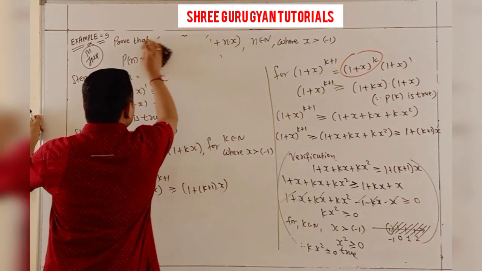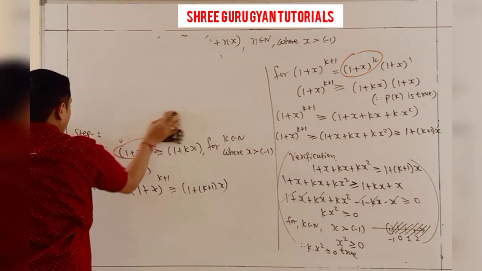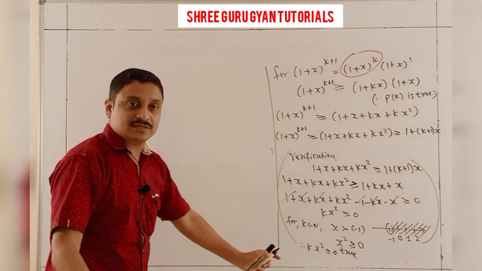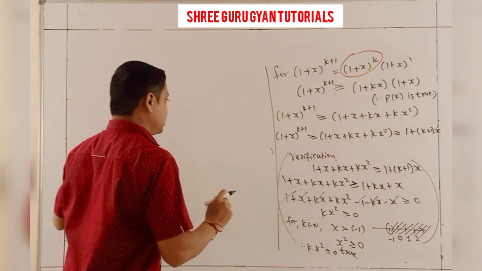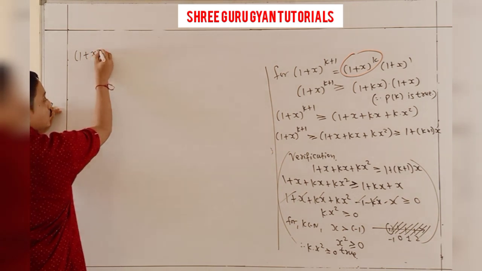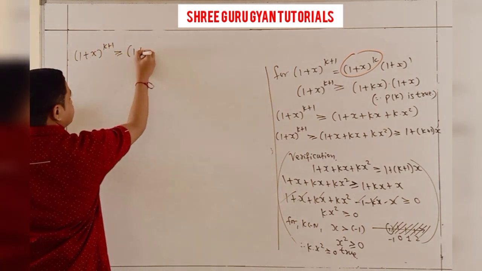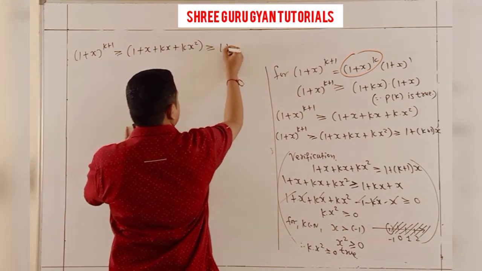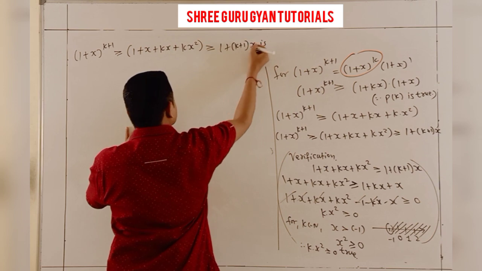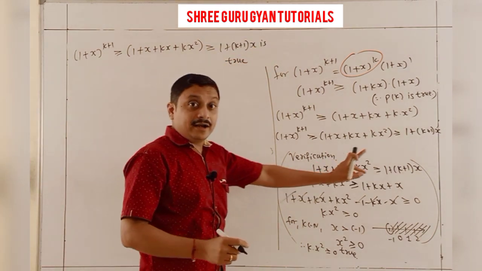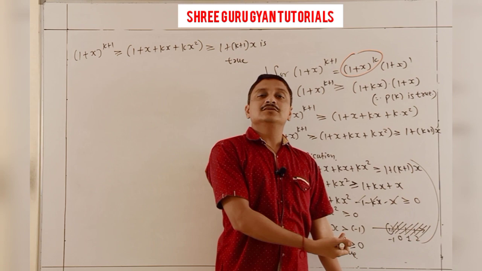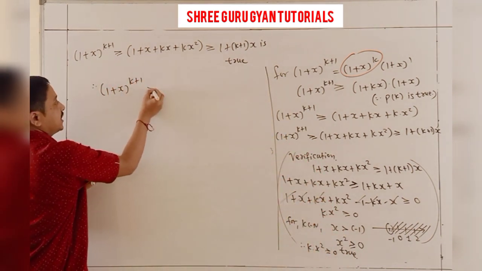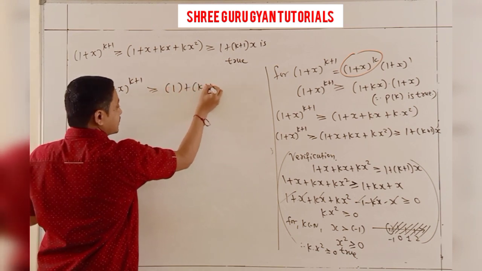After that, you necessarily write down what you prove. Yes, this I prove. After that, these steps, this condition write down again: 1 plus x raised to k plus 1 is greater than or equal to 1 plus k plus 1 times x.